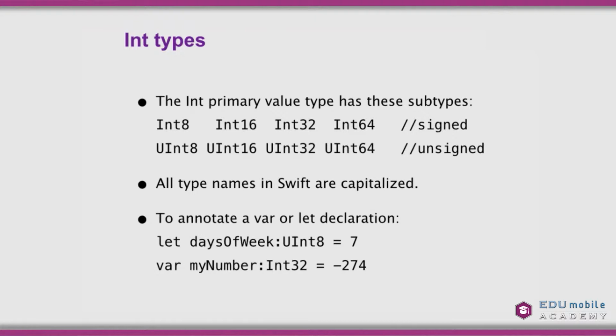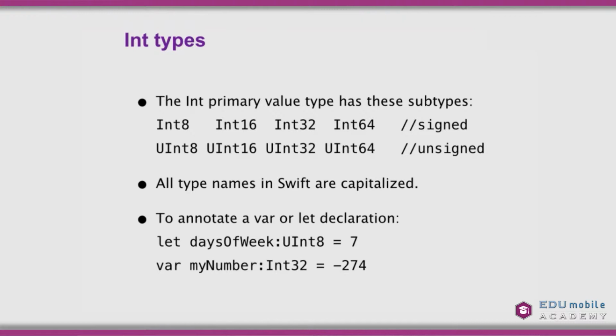So we also have a uint32, a 32-bit unsigned integer, and so forth. All type names in Swift are capitalized. Once again, the types are class types. So int8 is a class, and if we declare a value of this type, a var of this type, or a constant with let, this is a class.